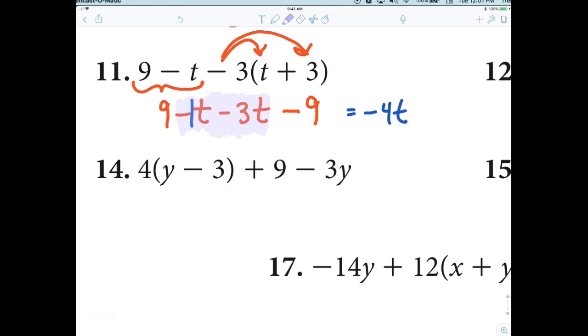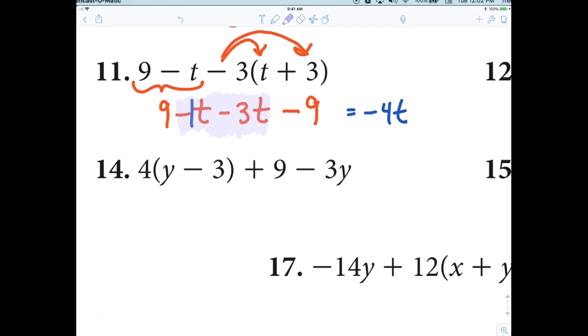Now read this. 9 minus 9. So I'm telling you the number in front tells you how many there are. I'd like for you to say this is a positive 9. This is a -1. This is a -3, and that's a -9. That's how I'd like for you to look at it. And you're combining things that are alike.